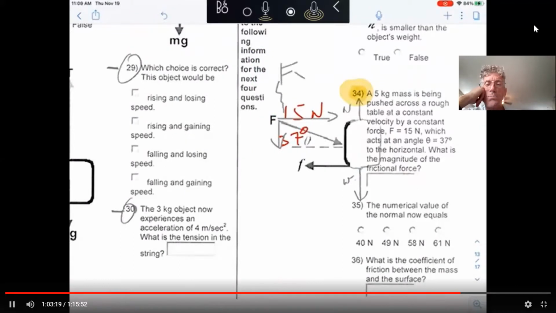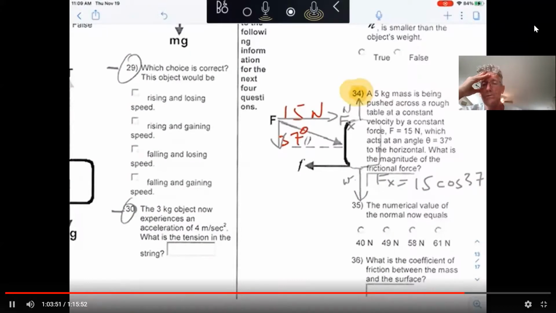Because it's going constant speed, the friction has to equal the forward part of the push. So I'm finding Fx. It's F cosine of theta, which is 15 cosine 37 on your equation sheet. So whatever that is, you can use your calculator.